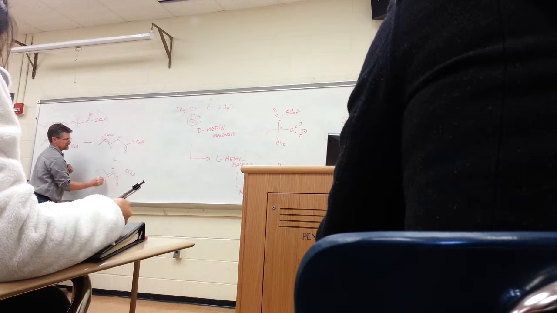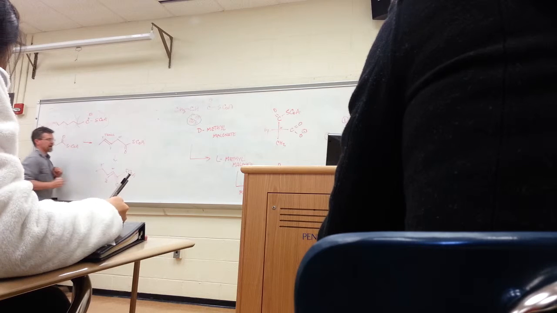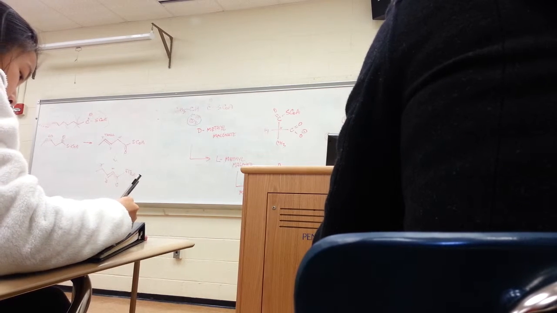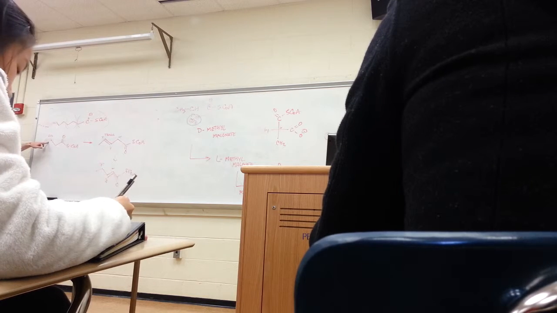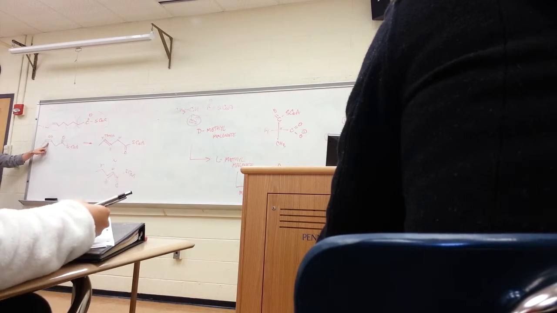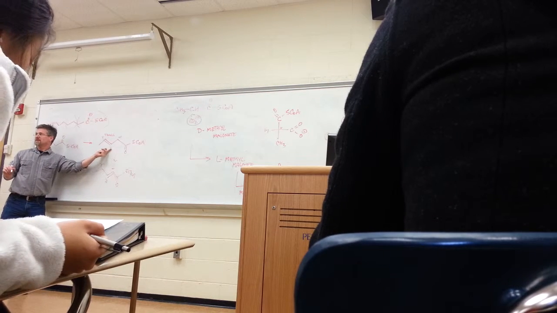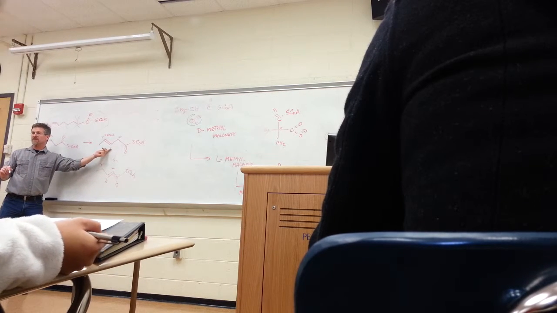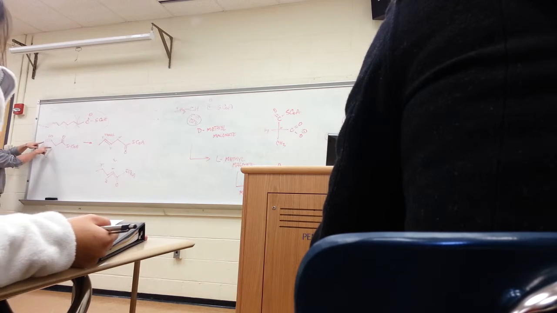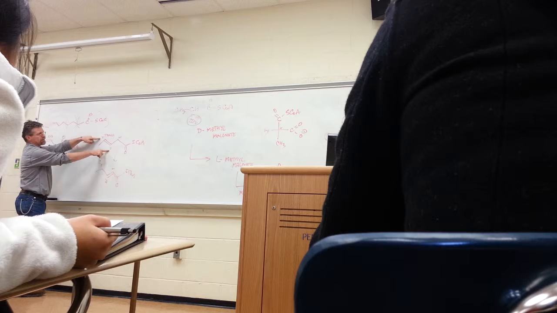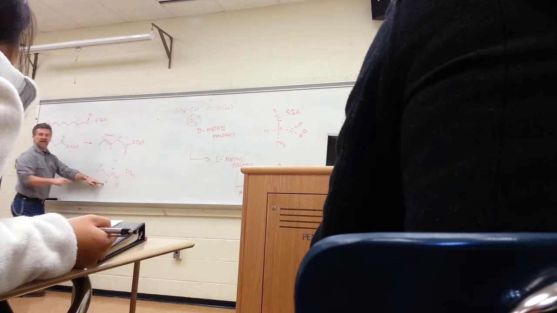So I got alpha, beta, gamma. So I'm going to do two sets of isomerizations. I'm going to isomerize it from a stereochemical perspective. It's going to go from cis to trans. So I'm converting diastereomers. And I'm going to convert regioisomers. So it's going from, in this case, a beta-gamma trans to an alpha-beta trans.